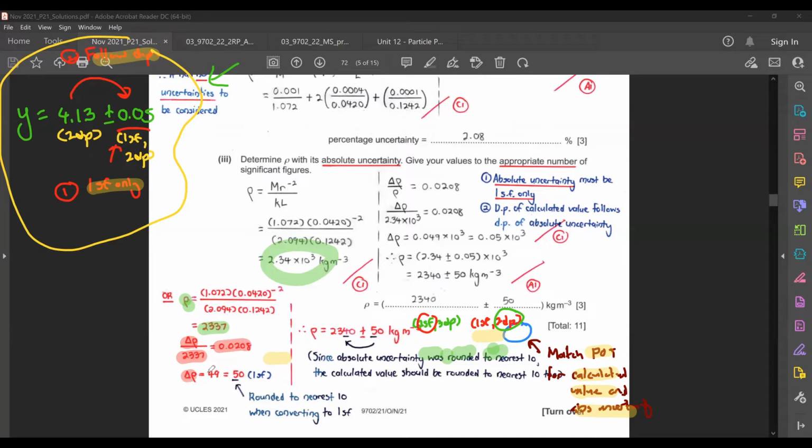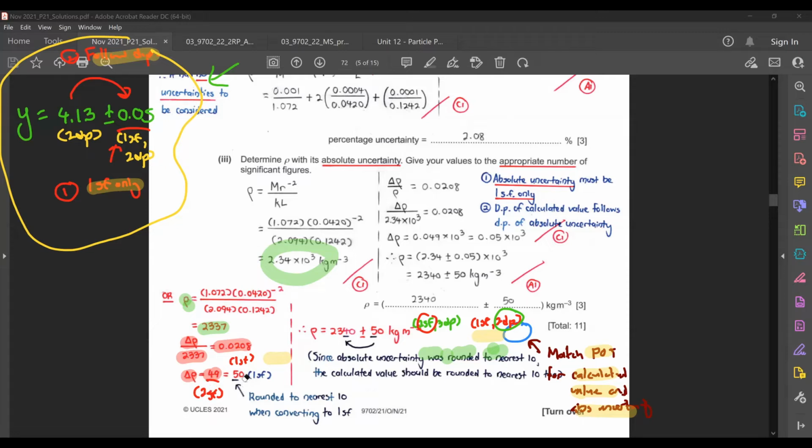I'm going to get delta rho as 49. But the problem here with this is that this one is 2SF. I want to change it to 1SF. So this one changed to 1SF becomes 50. But in the process of changing it to 50, you notice you don't have any decimal place to consider, right?